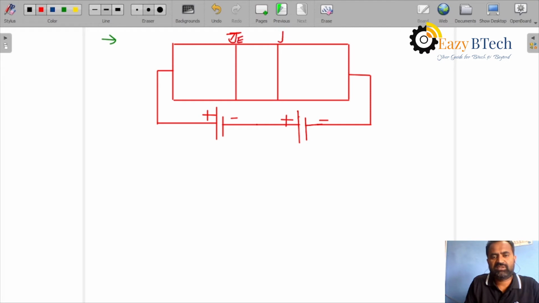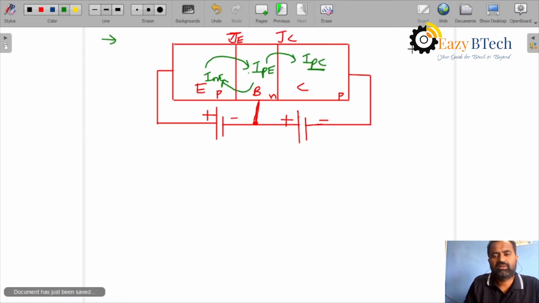This is the JE junction, and this is the JC junction. This is the emitter, the base, and the collector: P, N, P. Now you can see here, as we understood in the previous lecture, the current from here to here is IPE, the current here to here is INE, and the current from here to here is IPC.